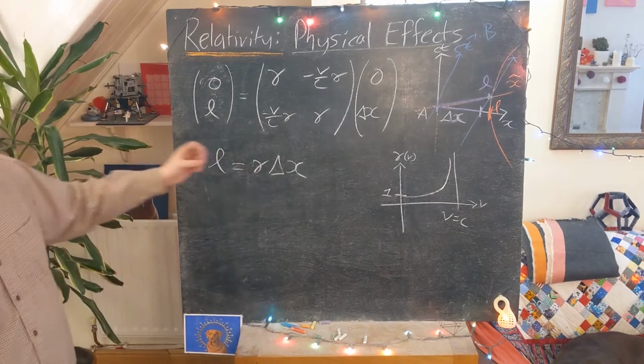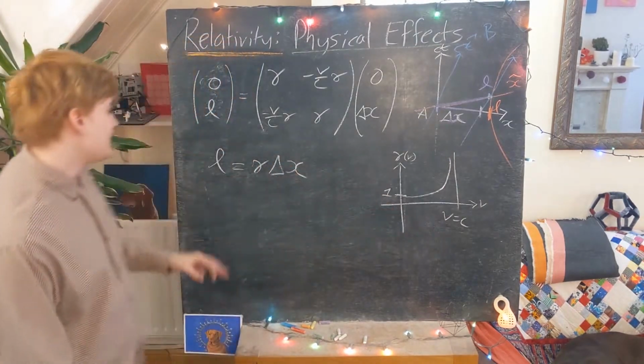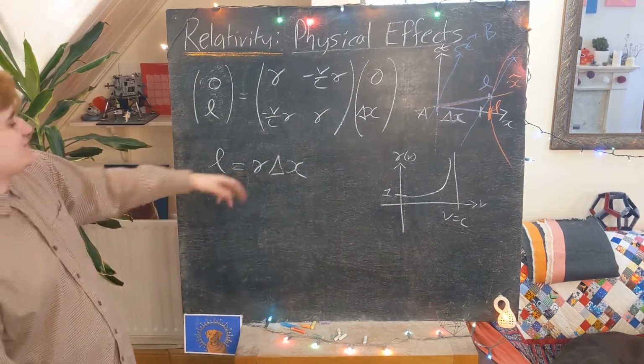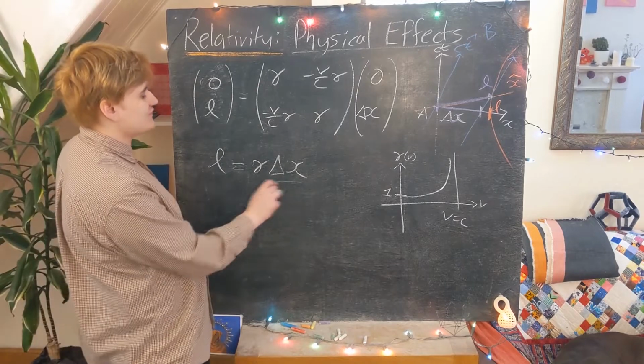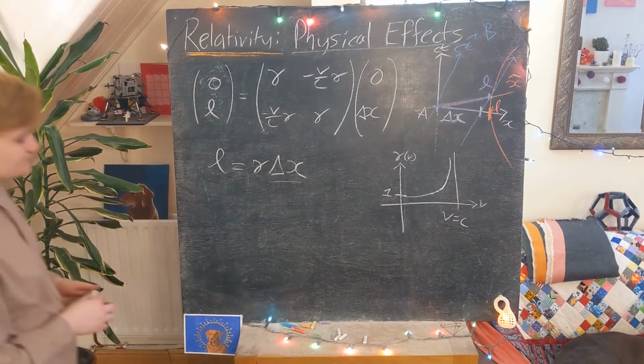But as this gamma starts to massively increase as this velocity approaches c, in order to keep this L fixed, if this gamma starts increasing, then this coordinate interval is going to have to start decreasing.